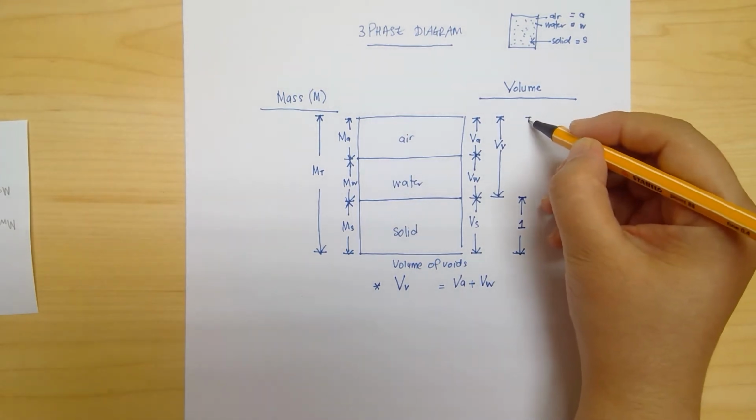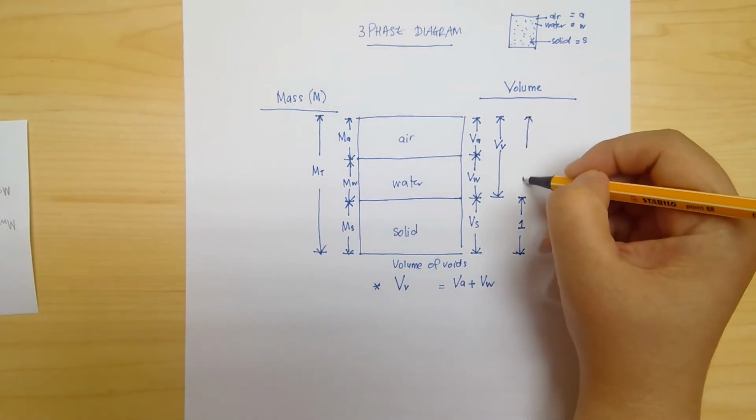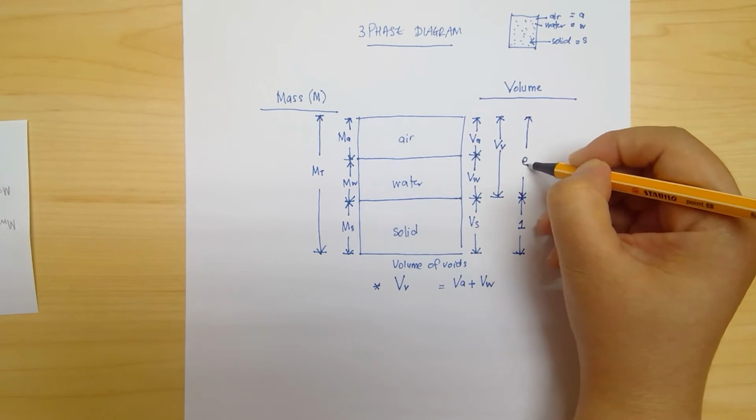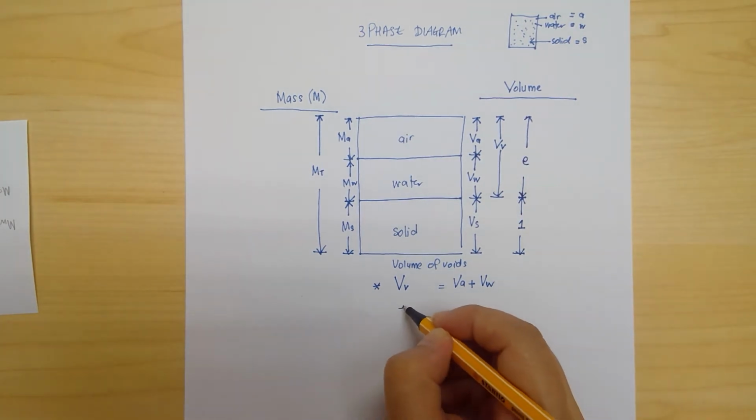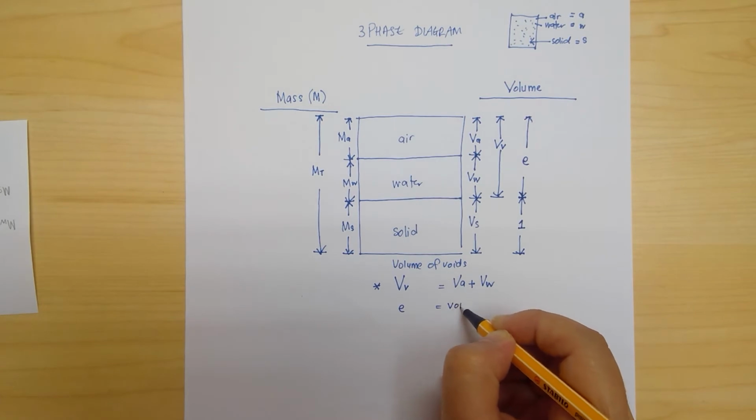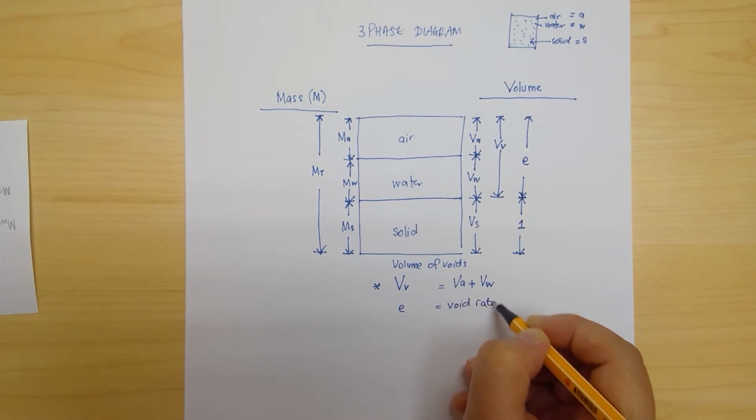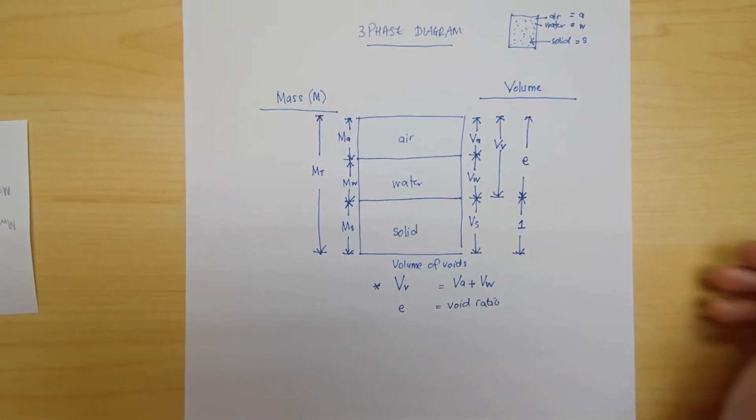And then you have a void. Void is equal to e, and this e is actually the void ratio. I know that you will question what a void ratio is because you never heard about it. We will define what void ratio is later on.